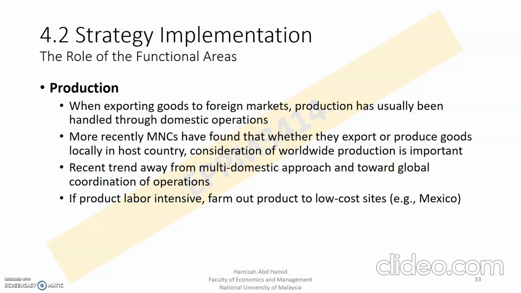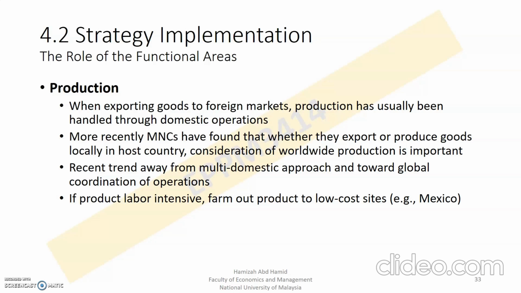Therefore, there's a recent trend away from the multi-domestic approach. As we have discussed before, multi-domestic can be quite expensive, because it can be quite unfeasible if you want to sell and produce in every country. So there's a movement towards global coordination of operations.